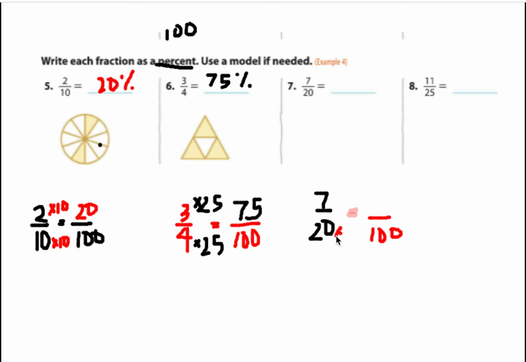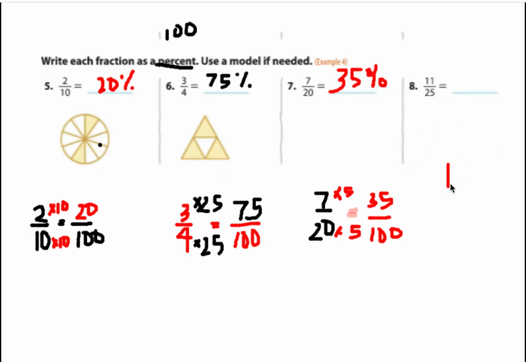So 20 times what factor gives you 100? Go ahead, write that in the chat box. You're right, it's times 5. So 7 times 5 is 35. And since it's out of 100, we know we have our percent. It is 35. Don't forget the percent sign at the end.